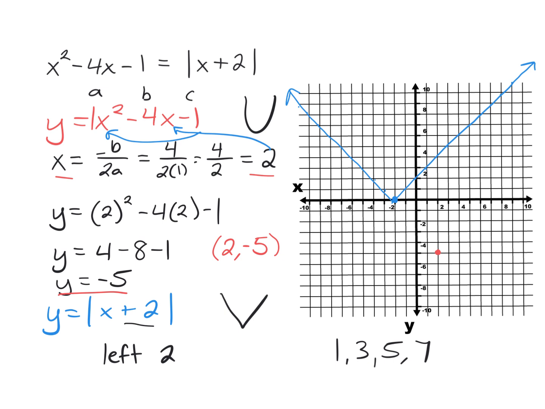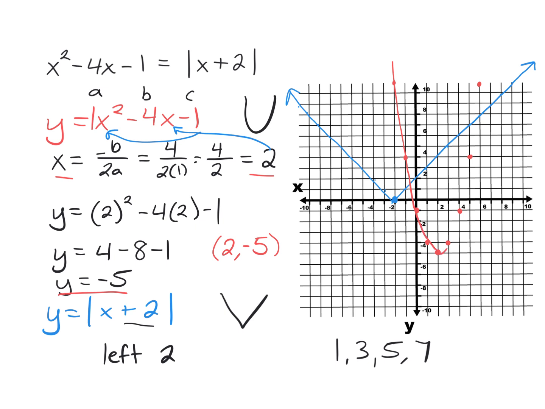So from here, I go over 1 up 1, over 1 up 3, over 1 up 5, over 1 up 7. How do I get the other points? Same thing on the other side. Over 1 up 1, over 1 up 3, over 1 up 5, over 1 up 7. Draw your picture.